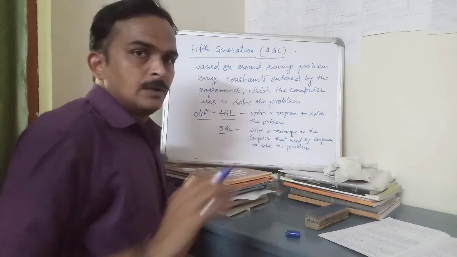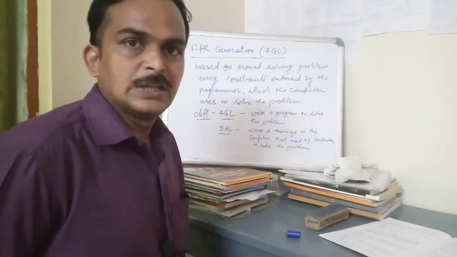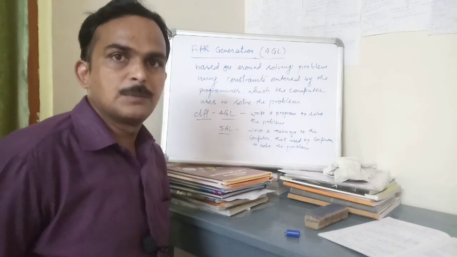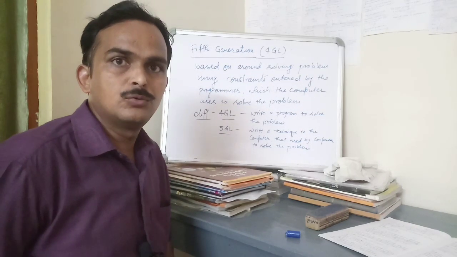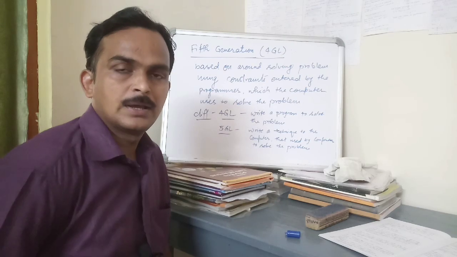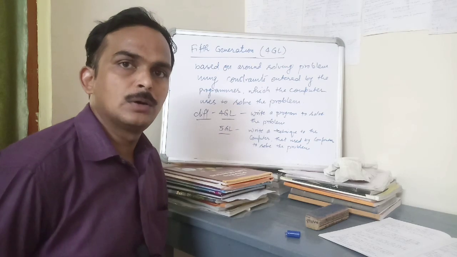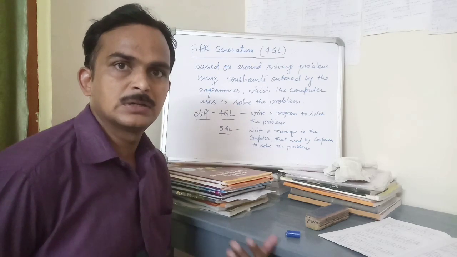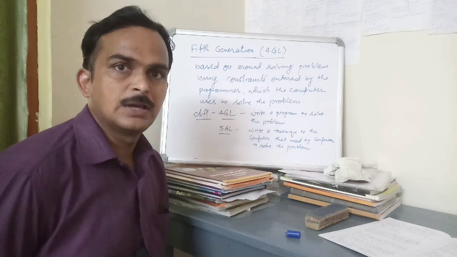Means we have no need to think about the internal process of how the problem will be solved, and we don't need to know what kind of algorithms we have to use.